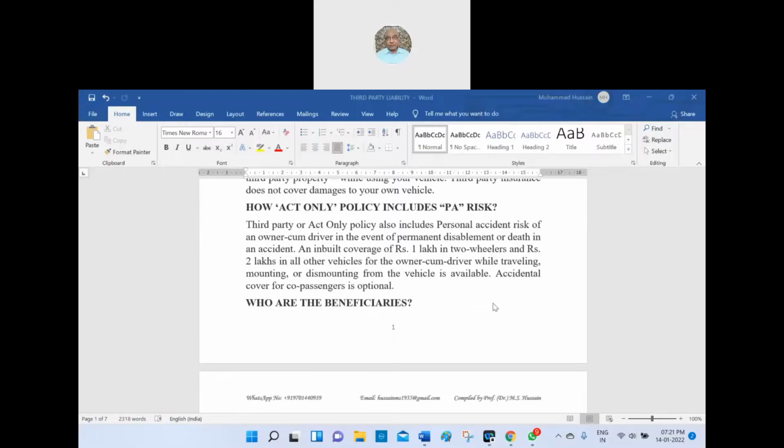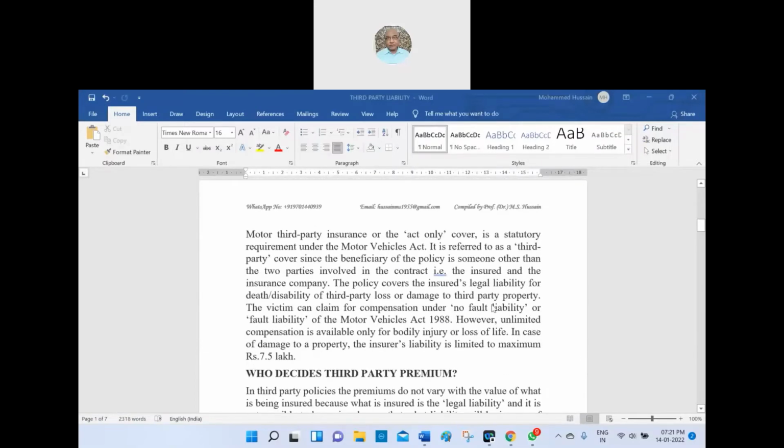Who are the beneficiaries? Motor third party insurance or the act only cover is a statutory requirement under the Motor Vehicle Act 1988. It is referred to as a third party cover since the beneficiary of the policy is someone other than the two parties involved in the contract.